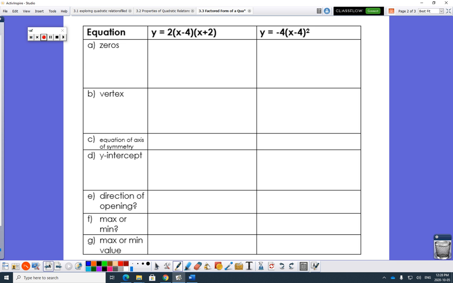No matter what kind of thing you have, if you're crossing the x-axis and you're looking for this, what's y? 0. Okay, so the zeros, the x-intercepts, we're looking for when y is 0.